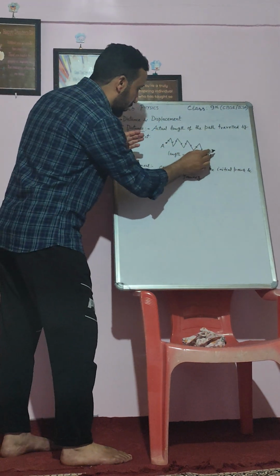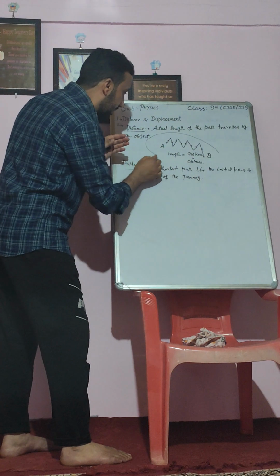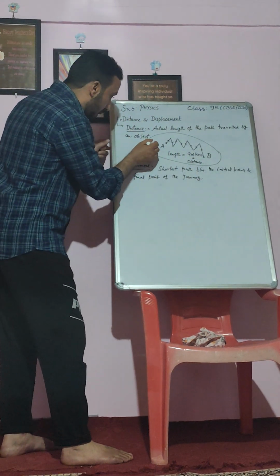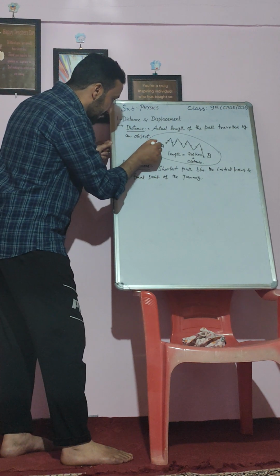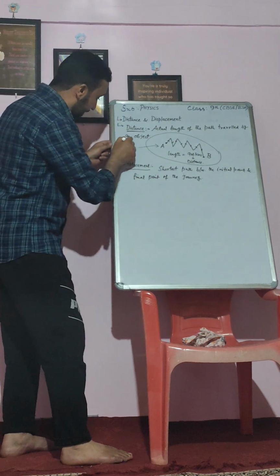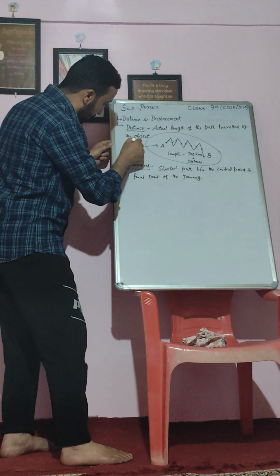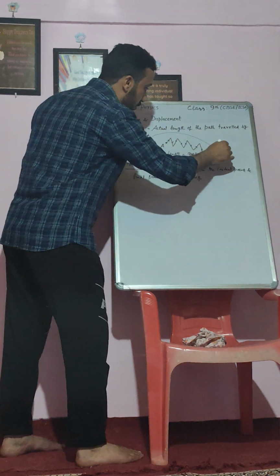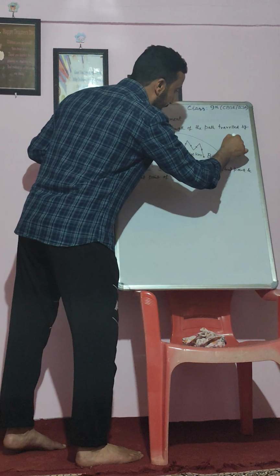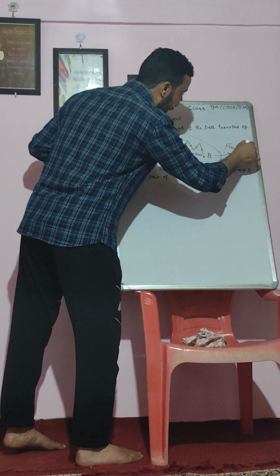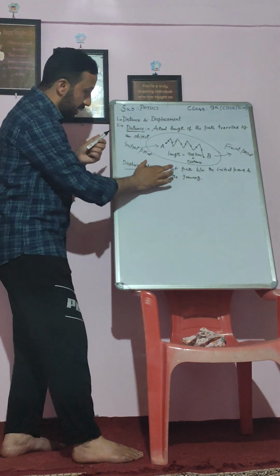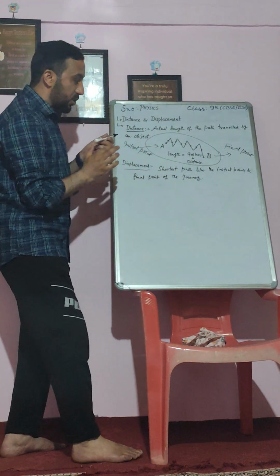If we closely look over this journey, that is the journey of the object from point A to point B, we will choose point A as the initial point of the journey, and we will choose point B as the final point of the journey. Now, what is displacement? It is the shortest path between the initial and final point.